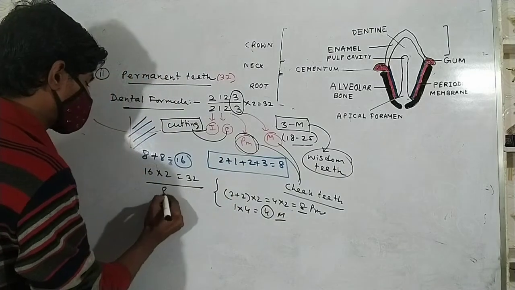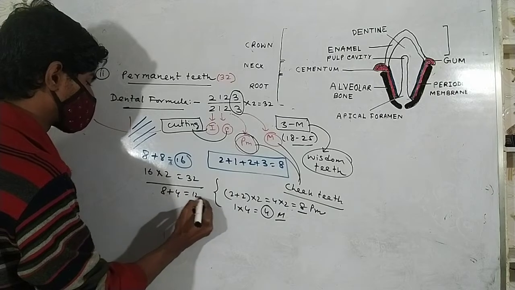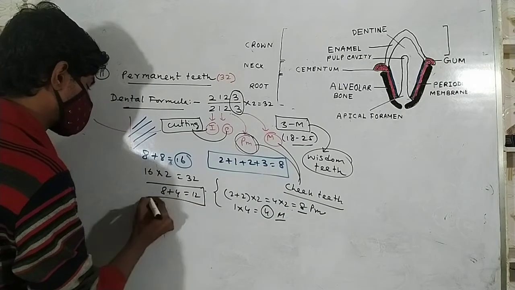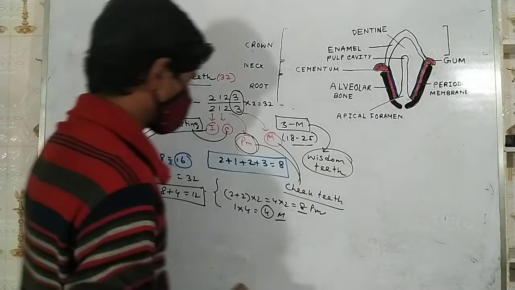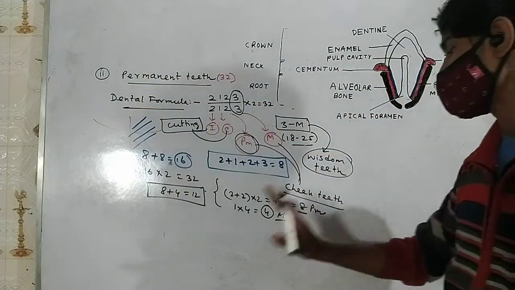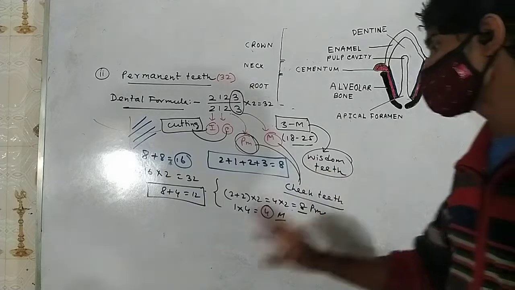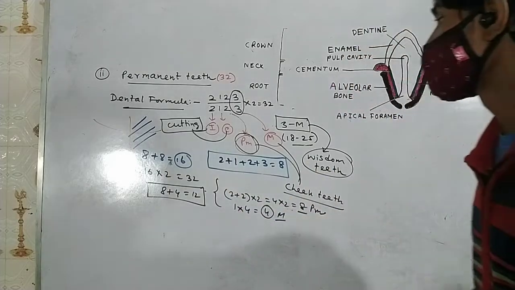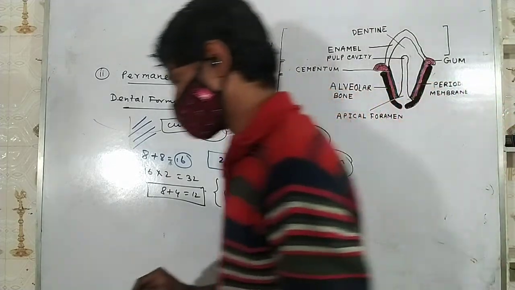So basically 8 plus 4, that is 12 teeth, including the premolars and the last molars, arise once in our lifetime. That's a very important thing to be noted.